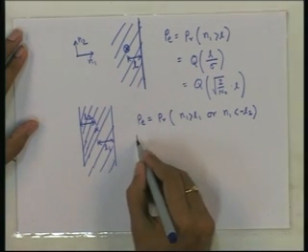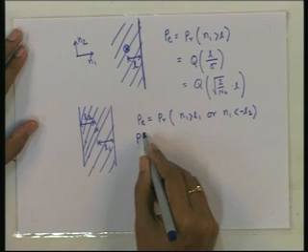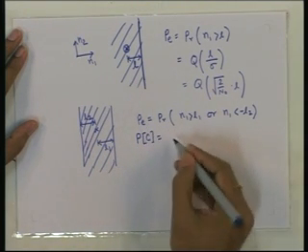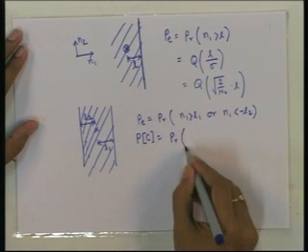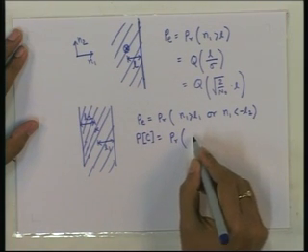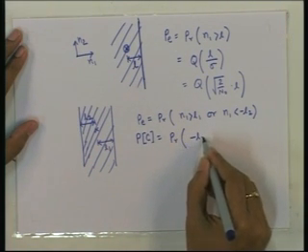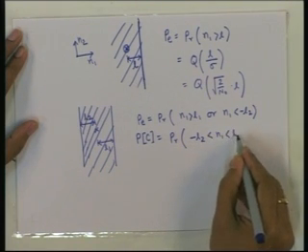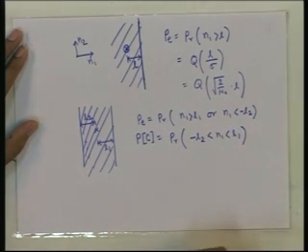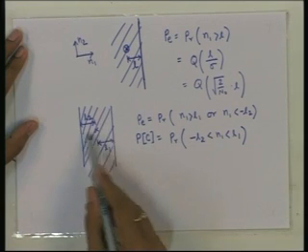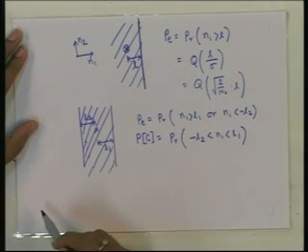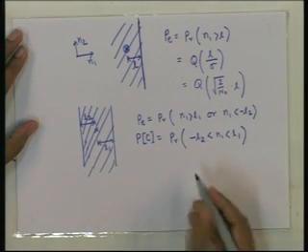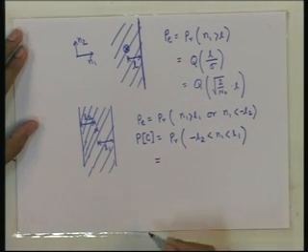In other words, the probability of correct decision is the probability that N1 is in this range. If the noise is in this range, then the decision will be correct, because the received point will be in this region. And what is this?